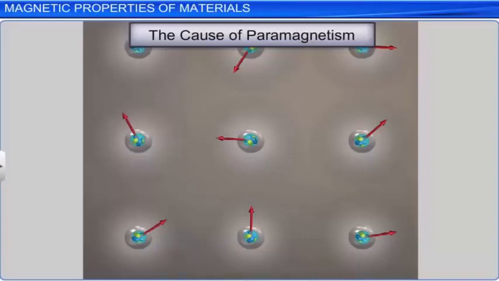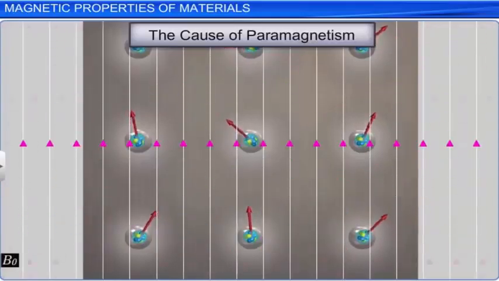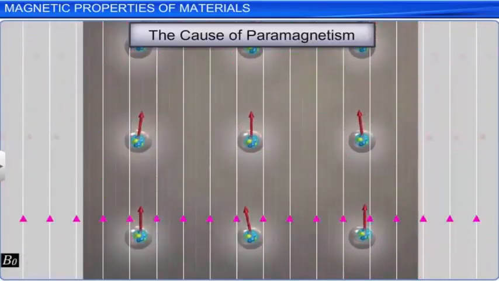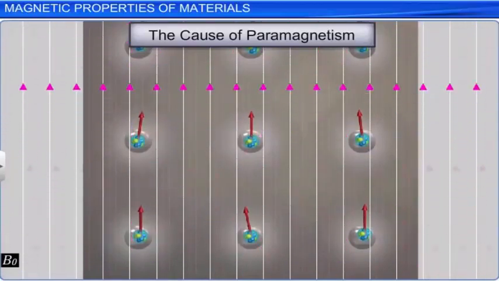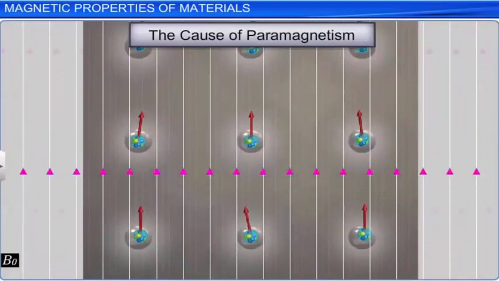When a paramagnetic material is placed in an external magnetic field of induction B0 at low temperatures, the magnetic dipole moments of the individual atoms align in the same direction as the external magnetic field.